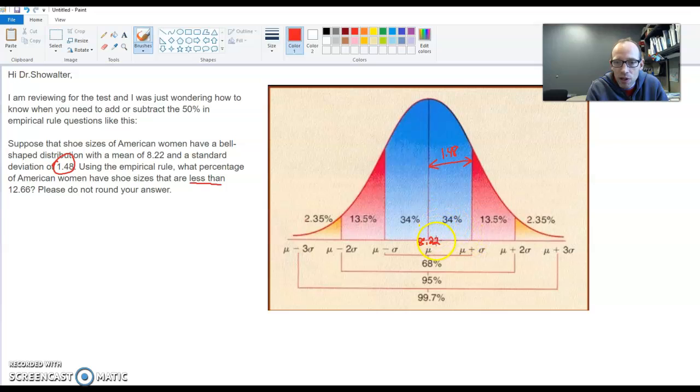We would just add 1.48 to 8.22, and we would get 9.70. Then we could add it again, and we would get 11.18. And we could add it again, and what would we get? 12.66, which is what we should be getting there.